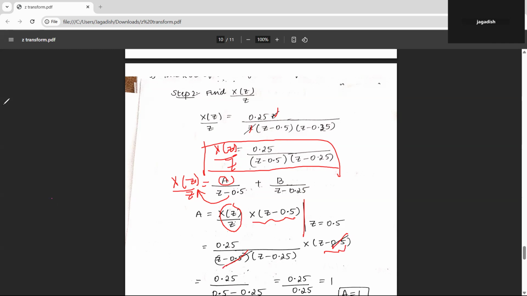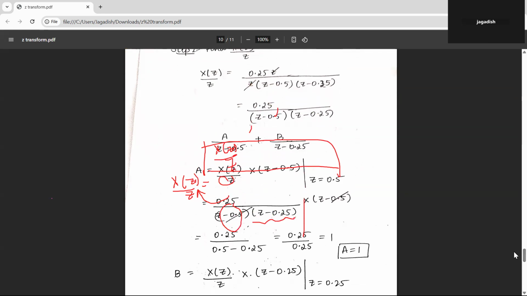Now you have to substitute z equal to 0.5 in the equation. This is how you will be solving partial fractions. Hopefully you have learned it. If you have any other method, you can use it, but this is the easiest method which I am teaching you. So substitute 0.5. Here z minus 0.5 and z minus 0.5 got cancelled.